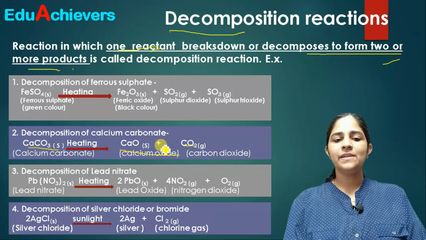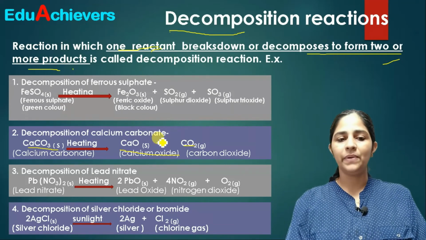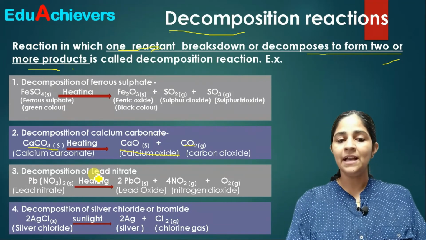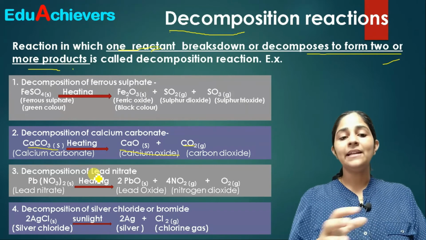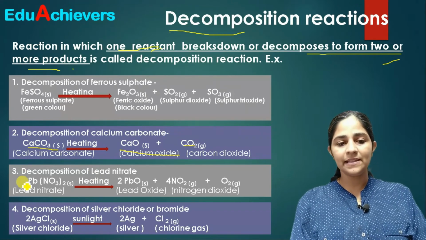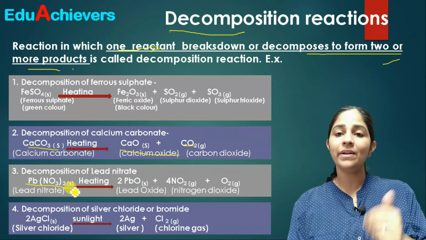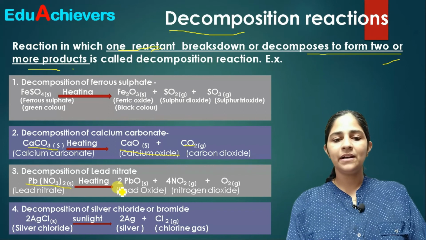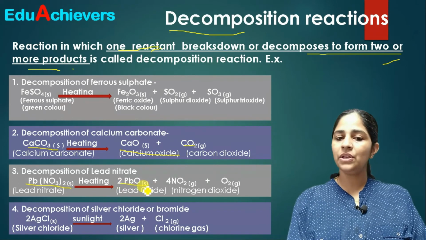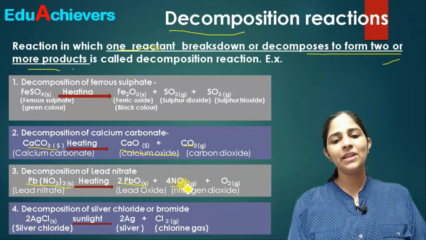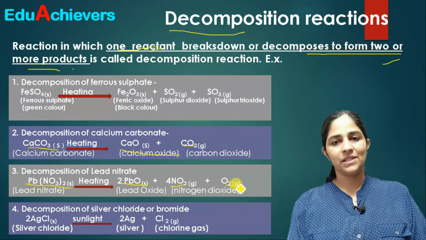The third example is the decomposition of lead nitrate. When the lead nitrate molecule is decomposed on heating, lead oxide plus nitrogen dioxide plus oxygen gas is evolved.